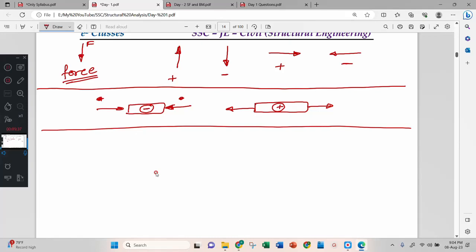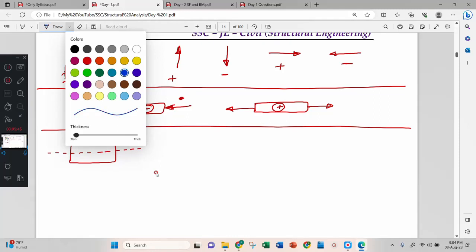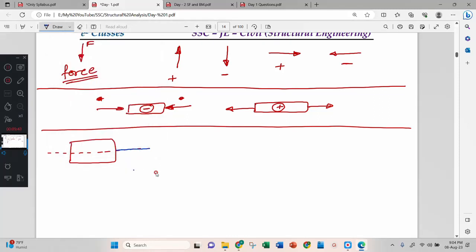If this is the body and this is the line of action, and I apply one force in this direction and one in the other, then this body is getting compressed.